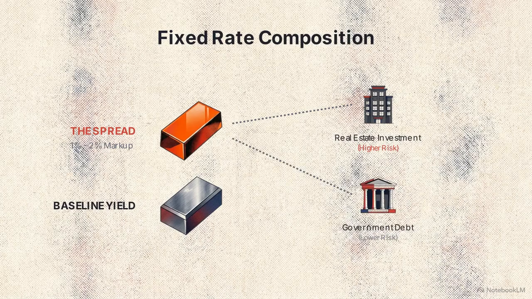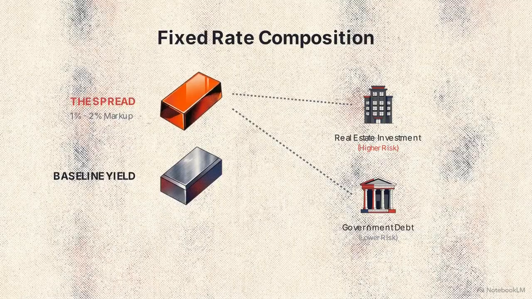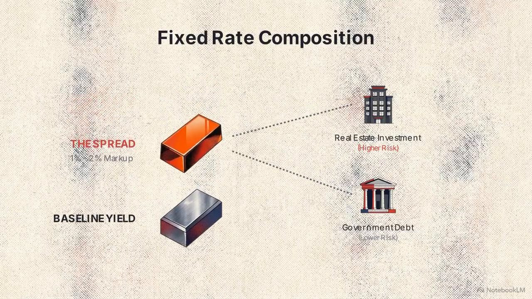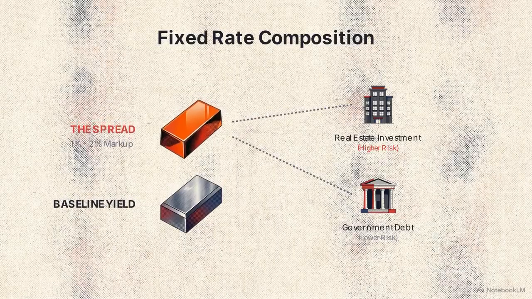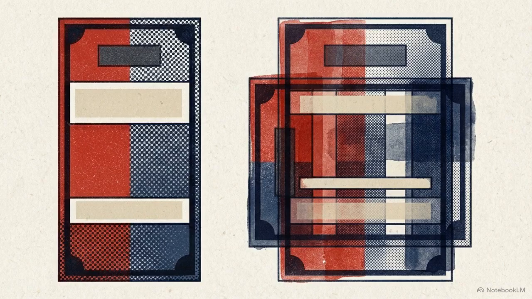Watch the baseline yield block. As it fluctuates up and down, the spread block remains rigid. The bond yield is the variable that dictates your final rate movement. A fixed-rate mortgage is essentially a repackaged government bond. The institutional borrowing costs are passed directly down the line to the landlord.